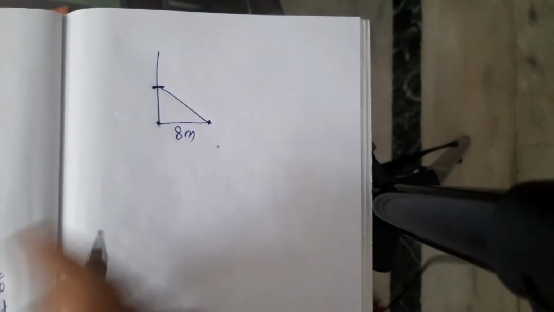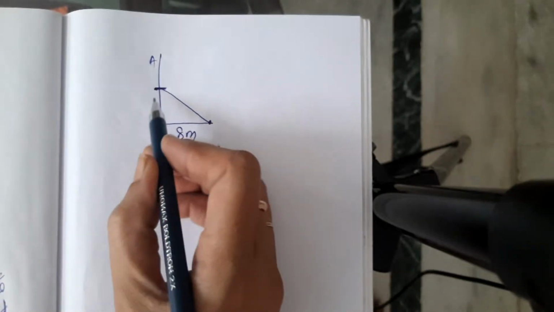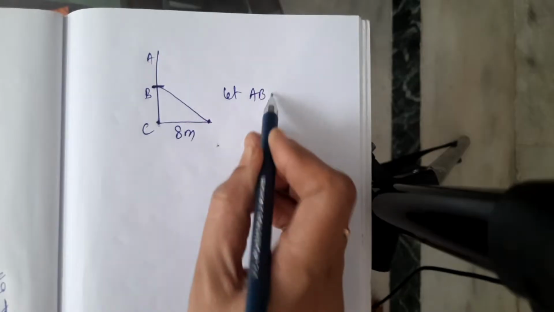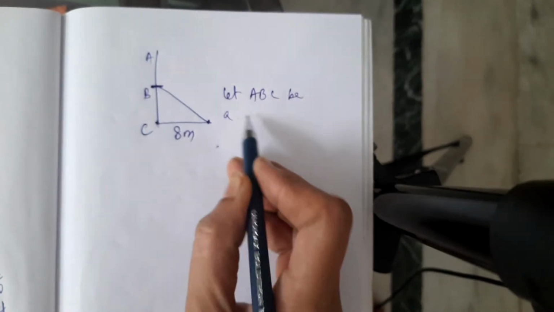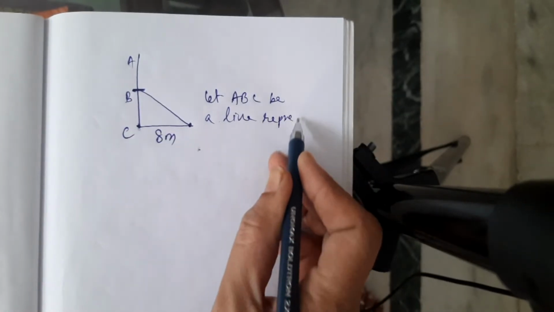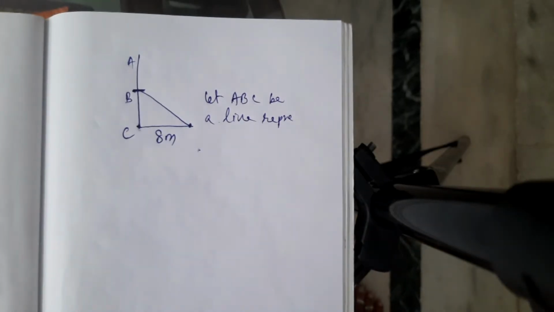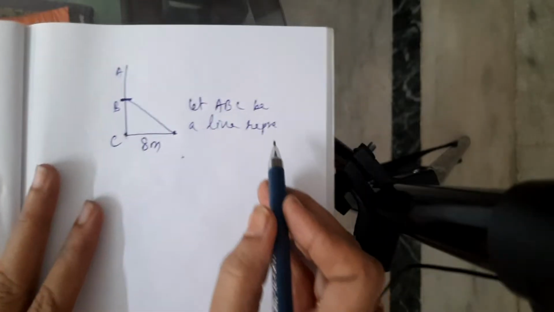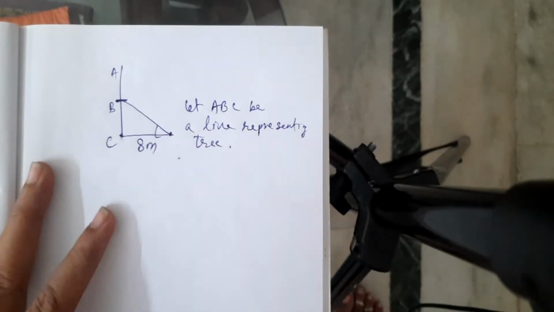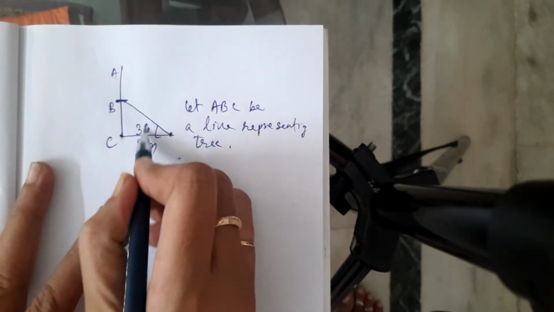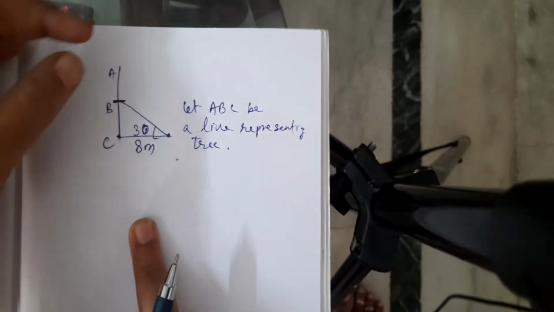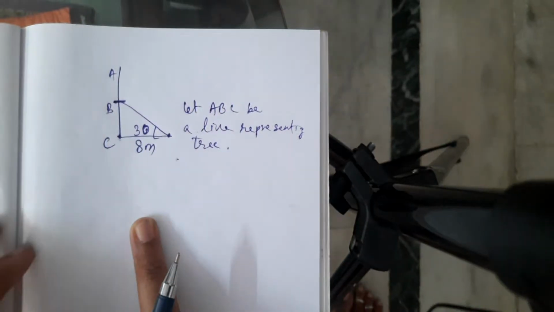Now the question is find the height of the tree. So if we consider A, B, C, let ABC be a line representing the tree. Then theta is given 30. So here ABC is a tree which got broken from point B, and this broken part is bent to form the triangle.